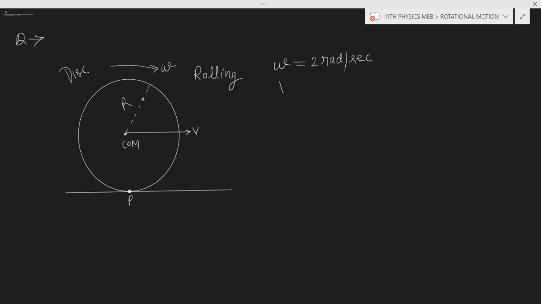And velocity of center of mass is given, equal to 2 meter per second. And this disk has the mass of 20 kg, and this disk is rolling on the surface.